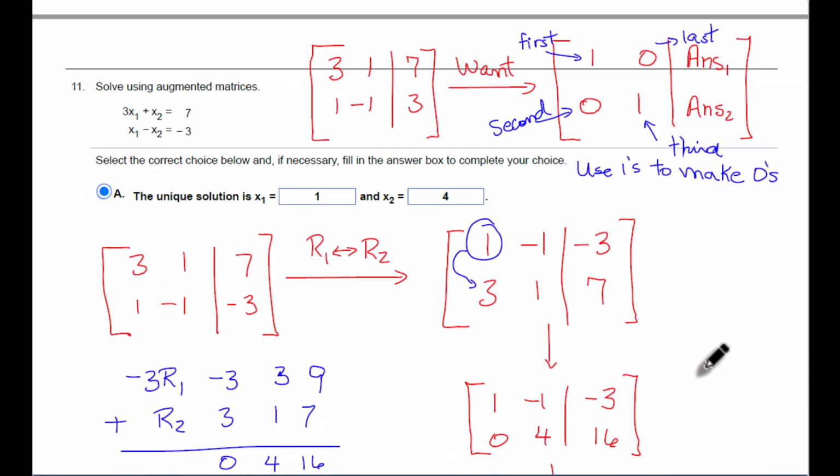All right, in question 11, we finally begin to see what all these row operations are for, why we even care.